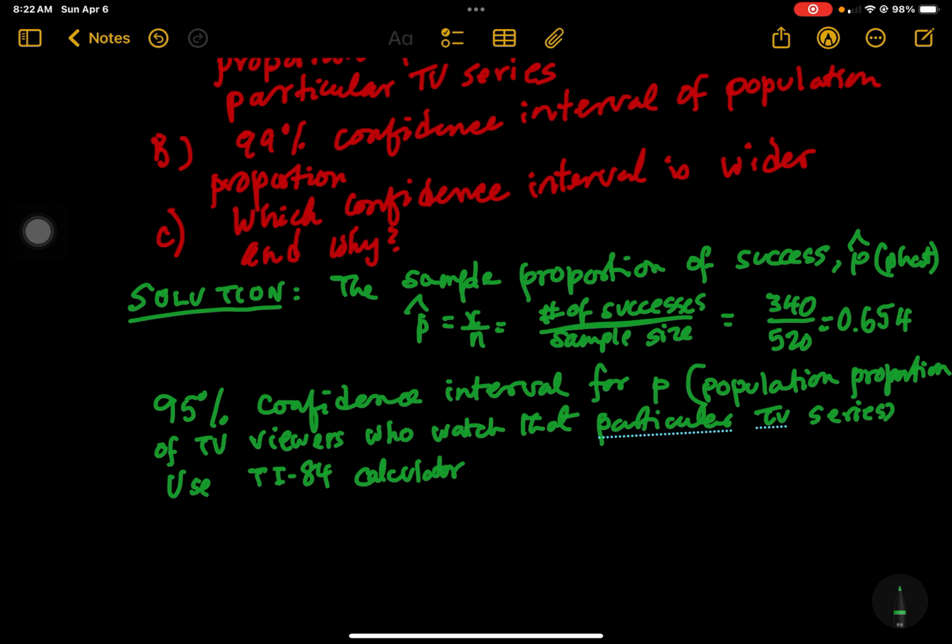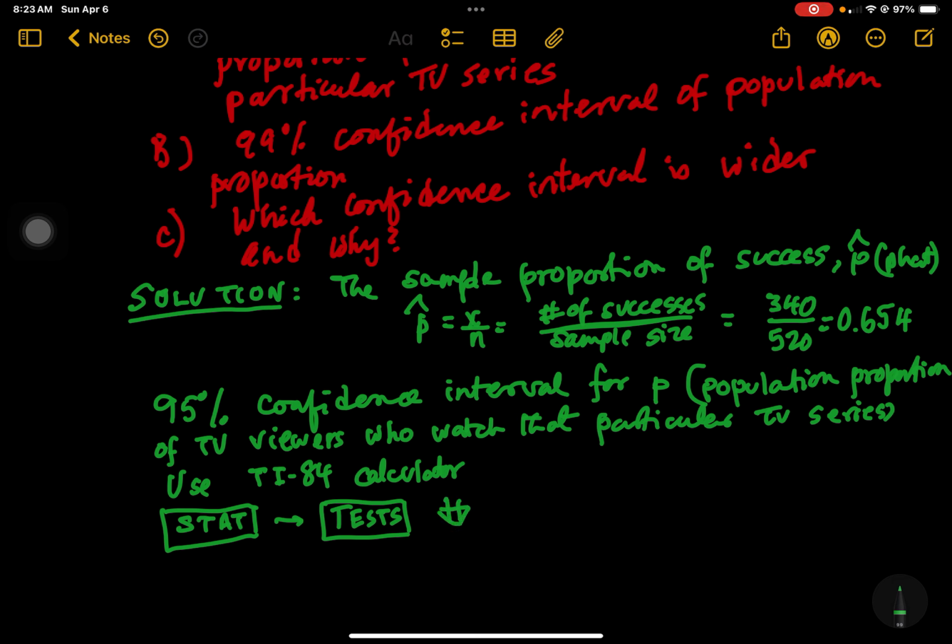So first we will press the stat button, which is in the second row, then move the cursor on the top row to test, and then scroll down.